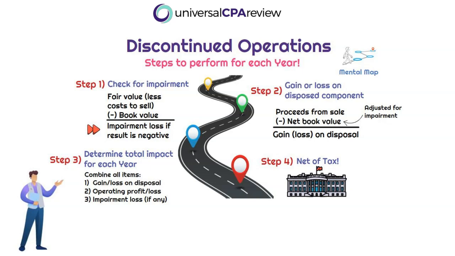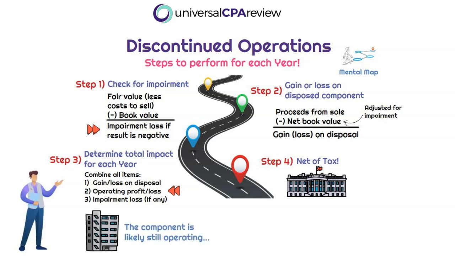Step 3 is very important. This is where we need to take the total impact for each year of all applicable items. So the things to consider would be the gain or loss on disposal if it's been sold. We also need to include any operating profit or loss, right? Once it's been classified as held for sale, we're going to remove any operating profit or loss that company is still incurring.